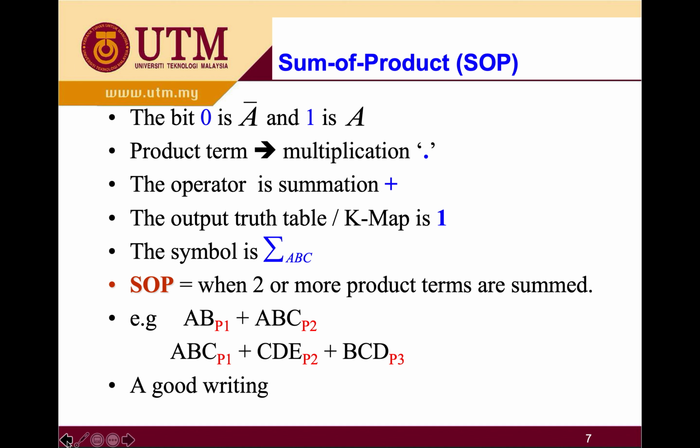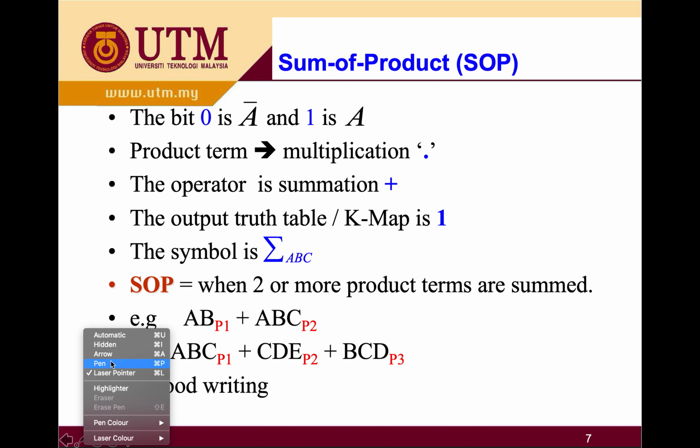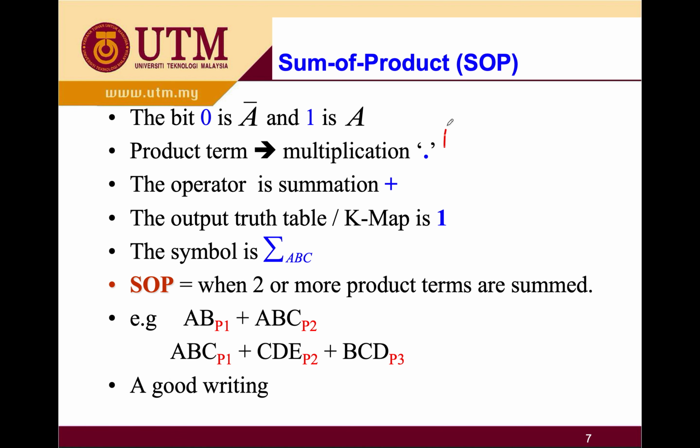So let's say like this one, you have A, B. So as mentioned, it is equal to A dot B, isn't it?